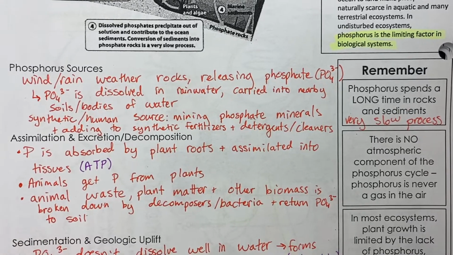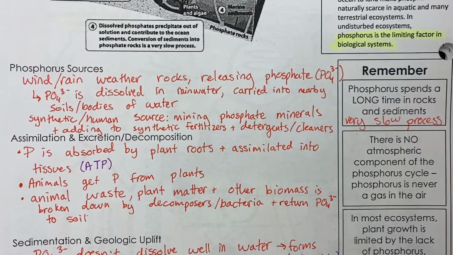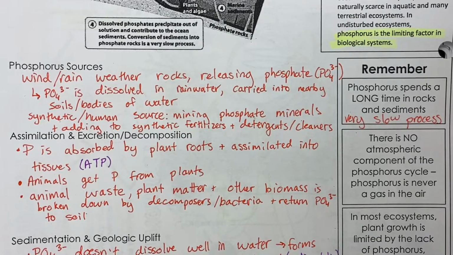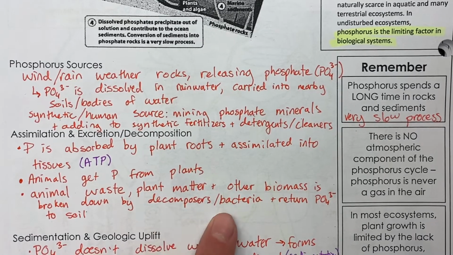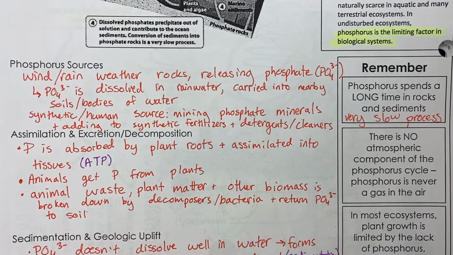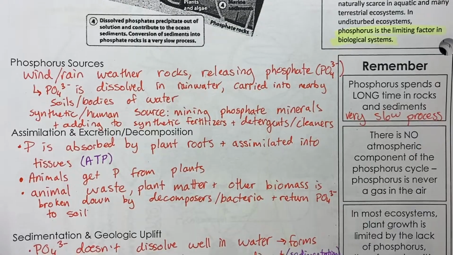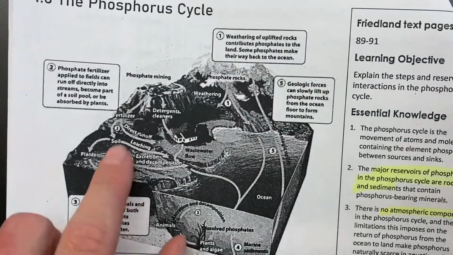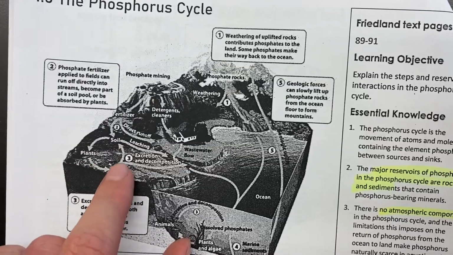And then when there's animal waste or plant matter or other biomass or dead organisms, they're broken down by decomposers or bacteria in the soil, and it returns phosphate to the soil. So we get this little cycle just like in the nitrogen cycle where we're going soil to plants to animals, back to soil.